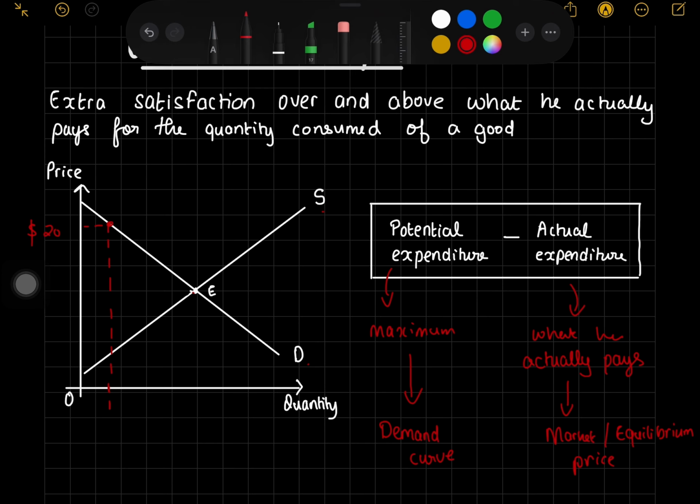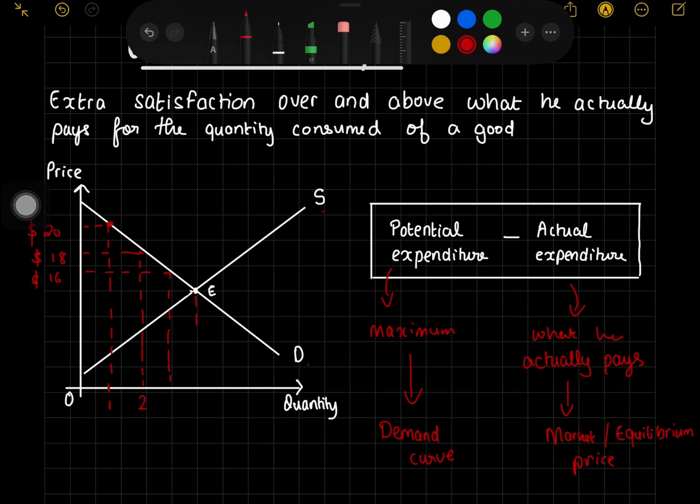But let's move on to the second. For the second unit, he is willing to pay, let's say, $18. We move on. For the third, $16.